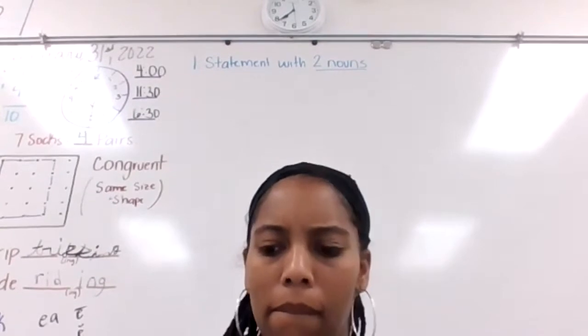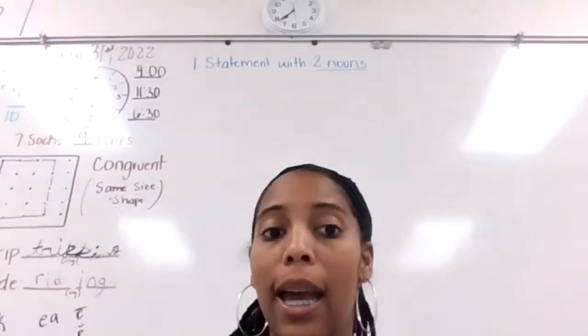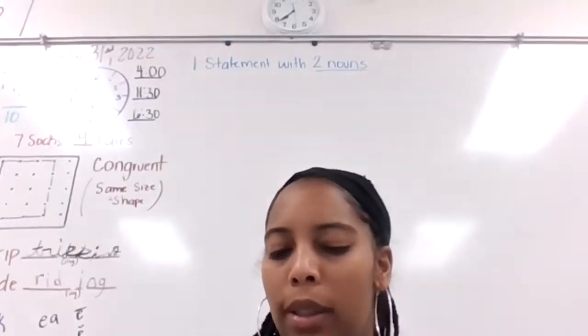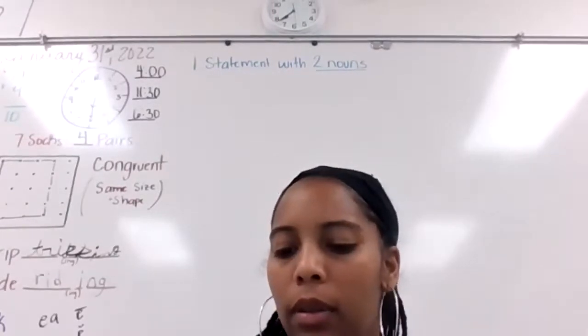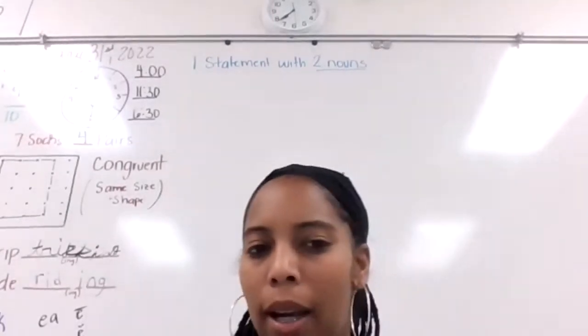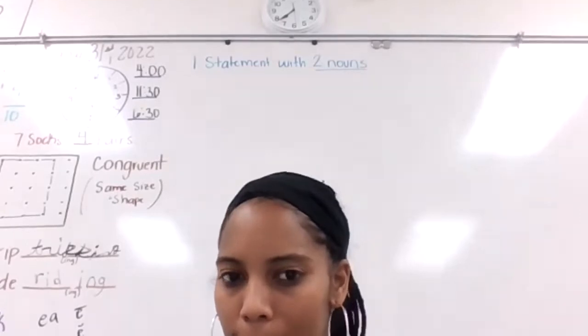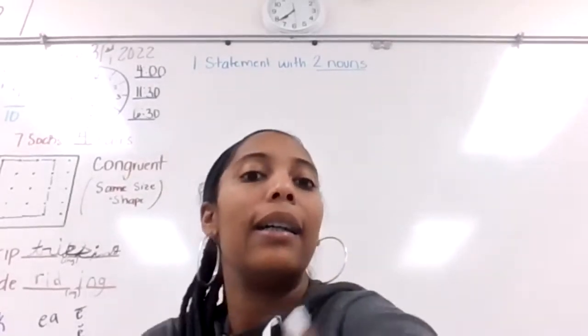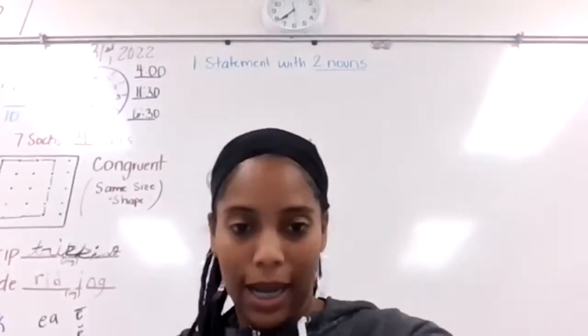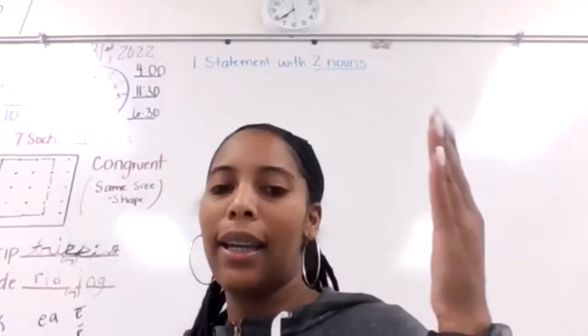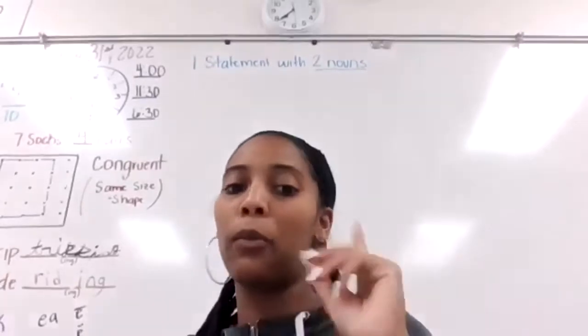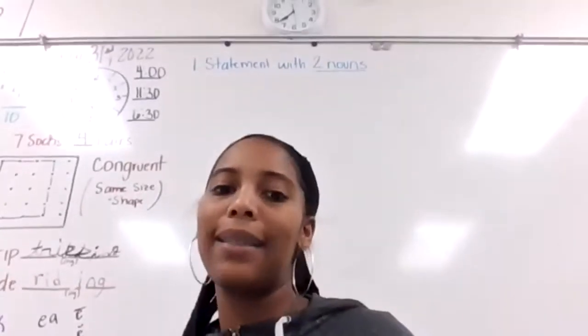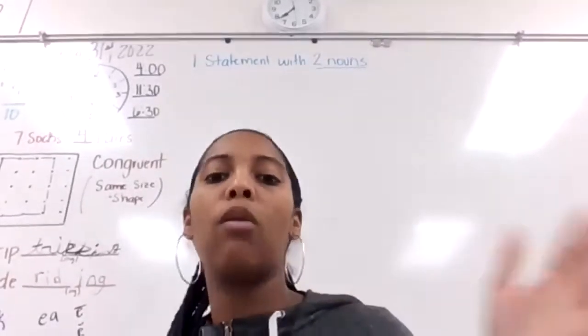Can I go to the park? Okay, yeah, you do have 1 noun. What's your other noun? You have to have 2 nouns. So can I go to the park and play on the slide? So a slide, because slide can also be a verb, but when we're using it by naming what it is. So slide and park will be the 2 nouns.